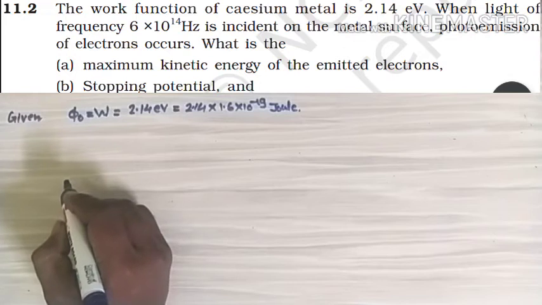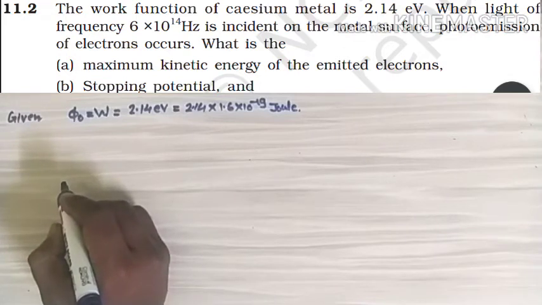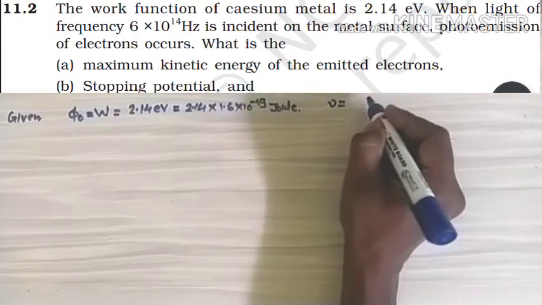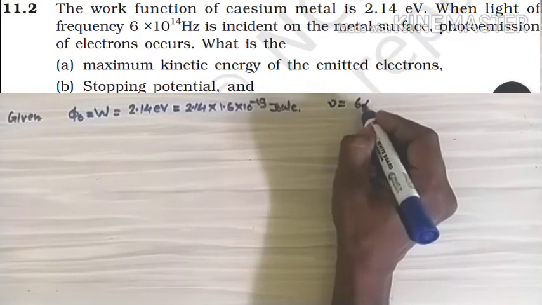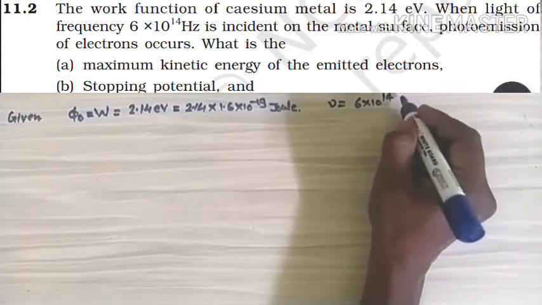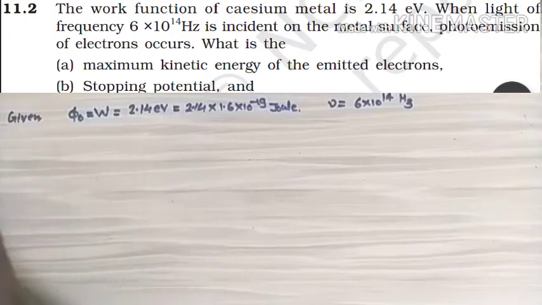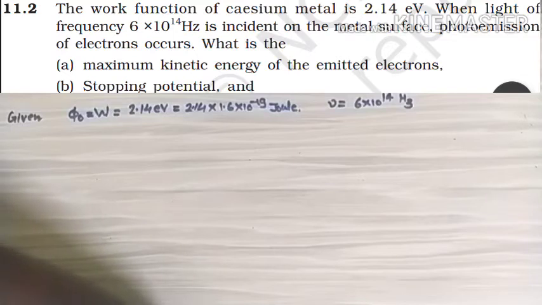So students, when light of frequency 6 × 10 to the power 14 hertz is incident on the metal surface, then photoemission, electron emission, occurs. What is the maximum kinetic energy of the emitted electrons?